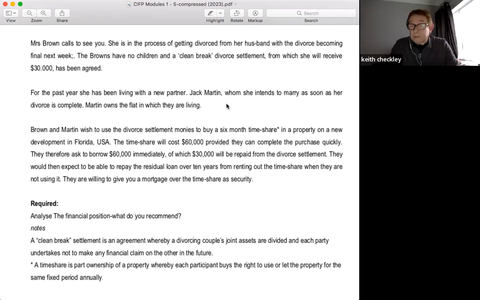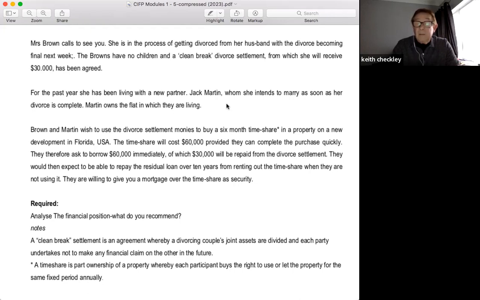My other question would be, switching to the timeshare as a potential investment: a timeshare is part ownership of a property where you get the right to use or let the property for a fixed period annually.